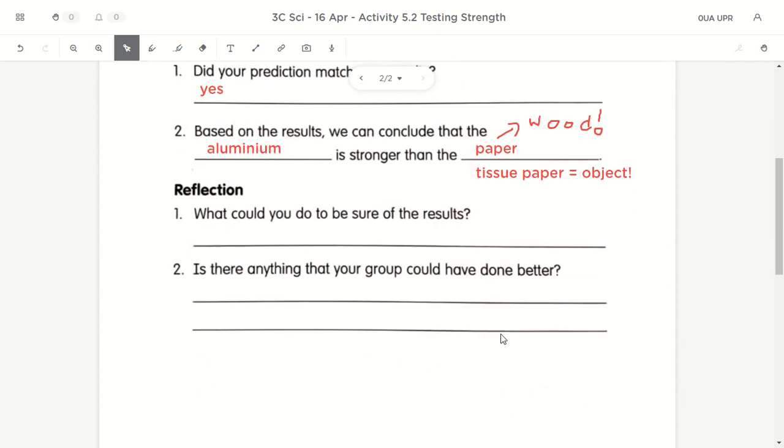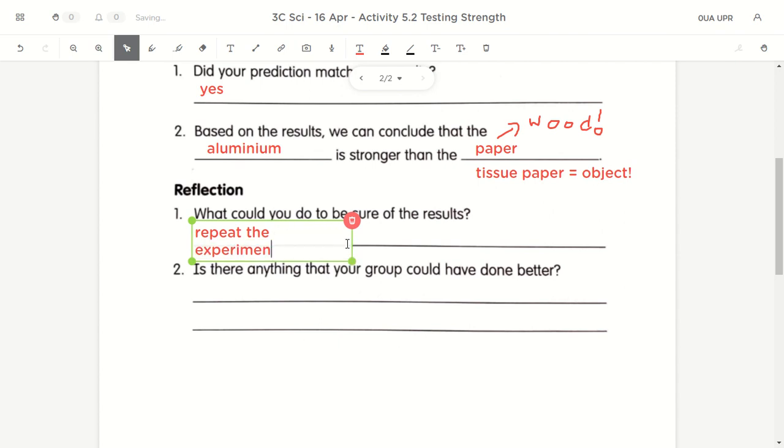So reflection part, how could I be sure of my results? Okay, how can I make sure that this result is correct and it's not wrong? It's not like weird results. Okay, so what I need to do is basically I can actually repeat the experiment. Some of you told me something about this, repeating or doing it again.